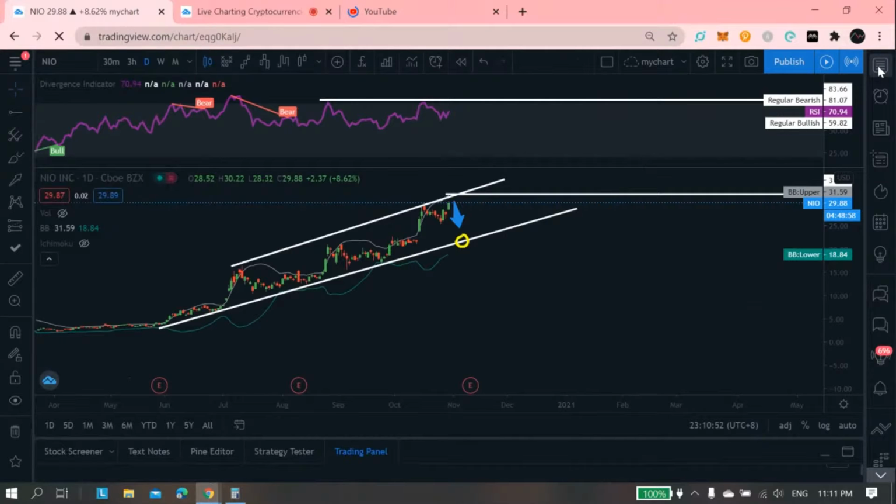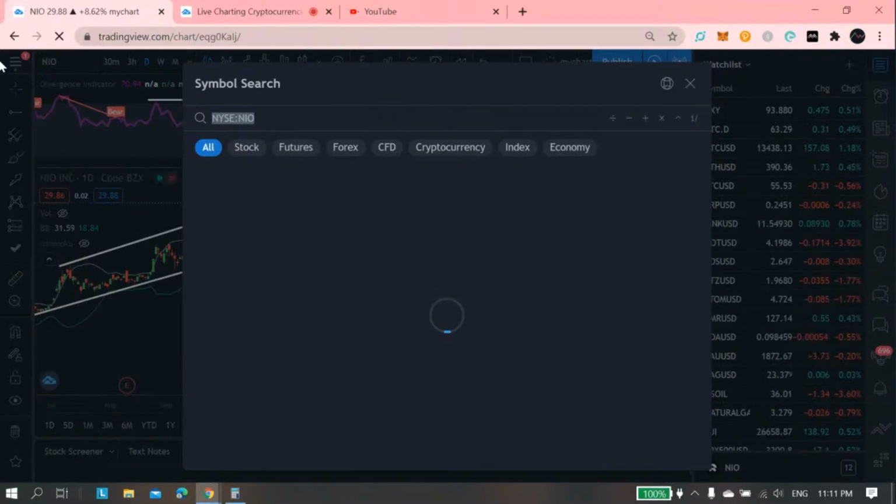So wait, let's just see. At least it's going higher, but tomorrow actually that's expiry of Bitcoin futures.